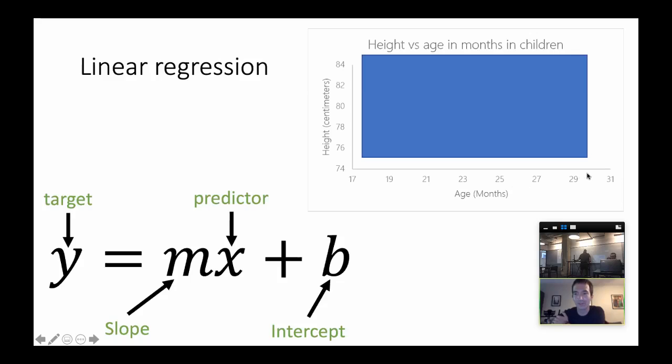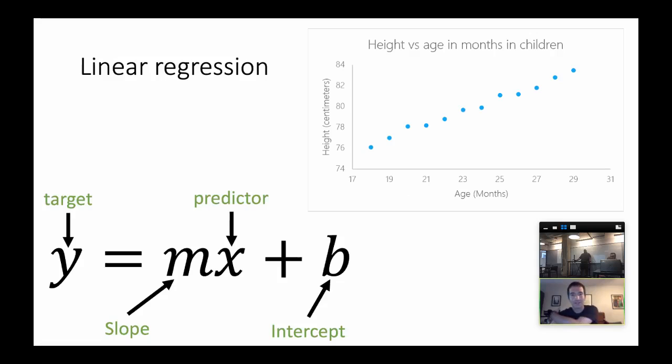It's going to be a monotonic increasing relationship. That's exactly right. Within this range of months at least, it looks roughly monotonic, modulo some noise, and roughly linear. So this is the kind of data where it would be appropriate to apply linear regression.